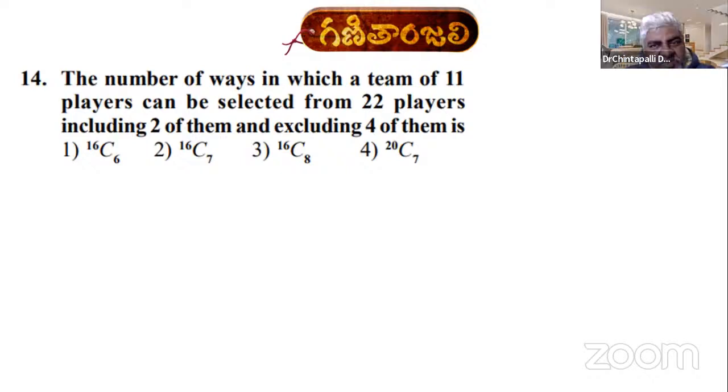The number of ways in which a team of 11 players can be selected from 22 players.